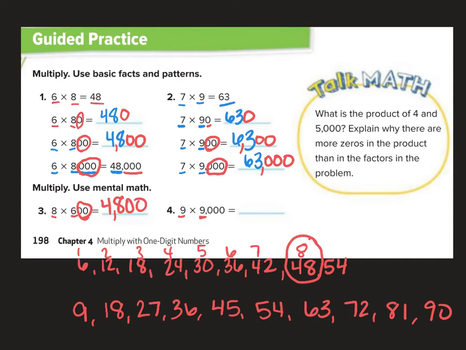Okay, so we need 9 of them. 1, 2, 3, 4, 5, 6, 7, 8, 9 nines is worth 81. I've got 3 zeros: 81,000.